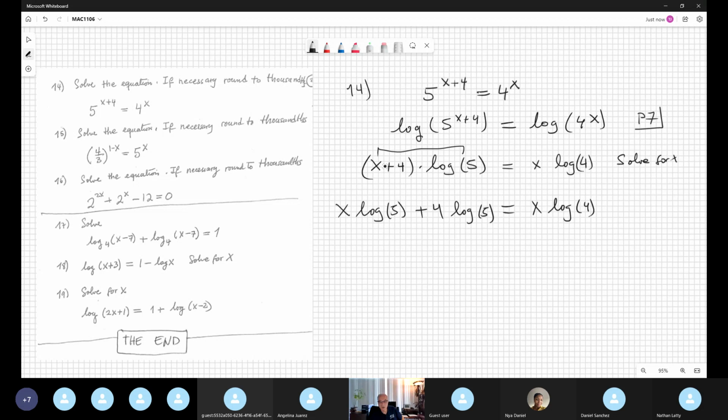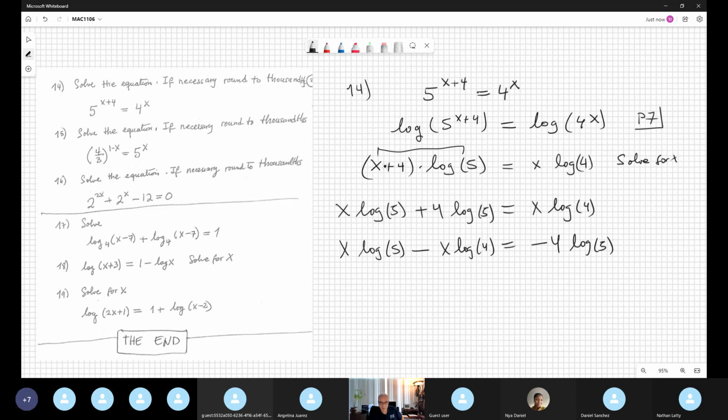Okay, let me try to isolate the x. To isolate the x, I recommend moving everything that contains x to one side, maybe the left. So I just bring down this minus x logarithm of 4, and this term I move to the right like a minus 4 logarithm of 5.